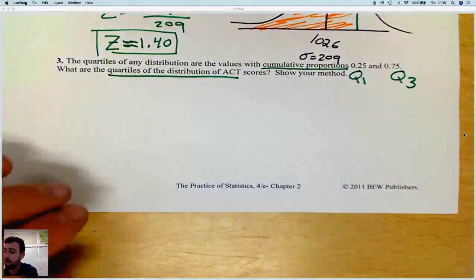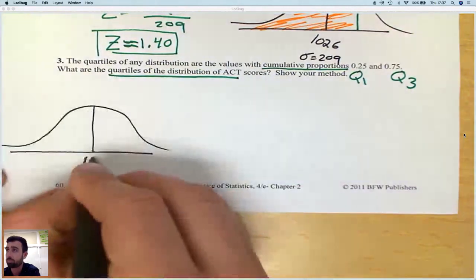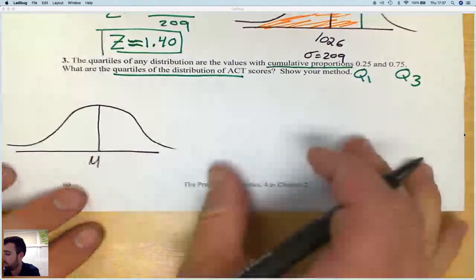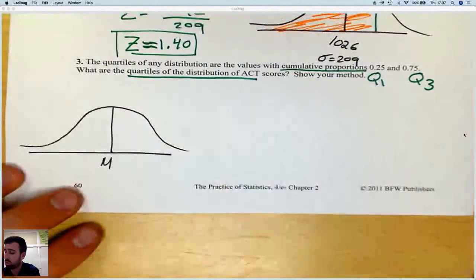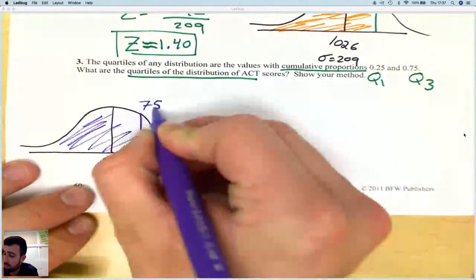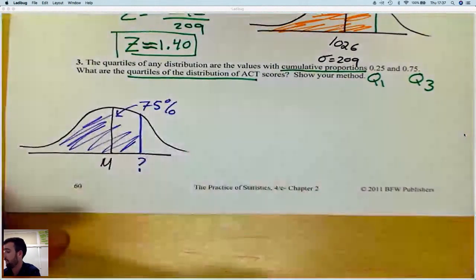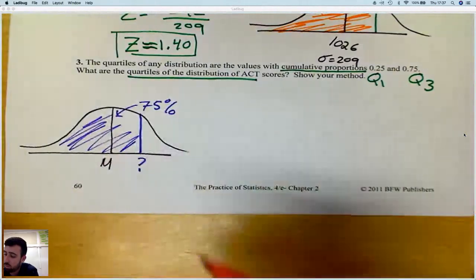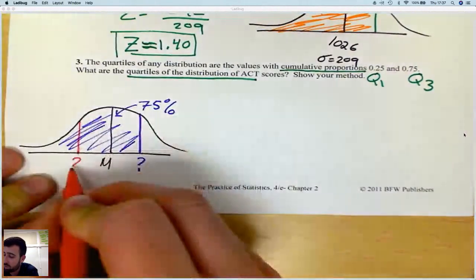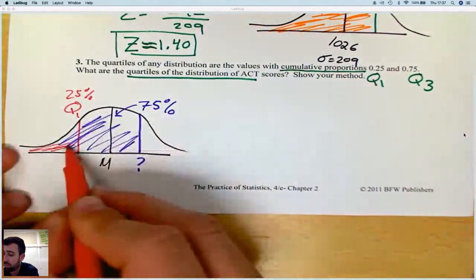So I'm going to go back and draw that normal curve. So here is our average. We want to know what score would give us 75% of the data below it. So what score would that be? And what about the score Q1, or the 25th percentile, would be below it?